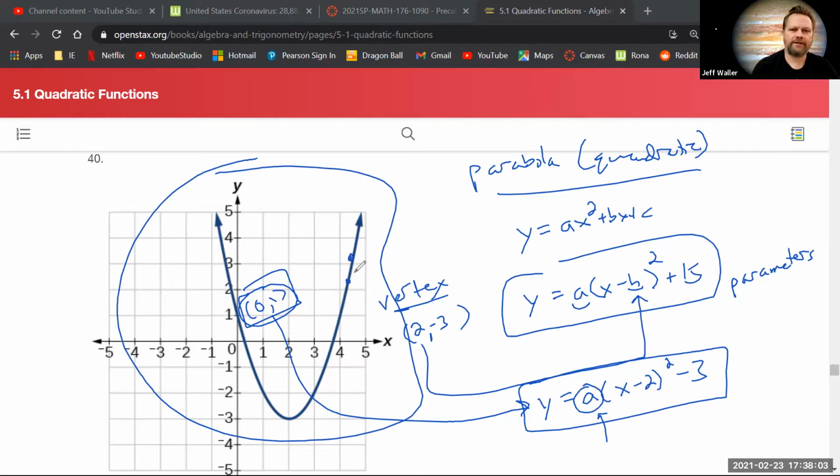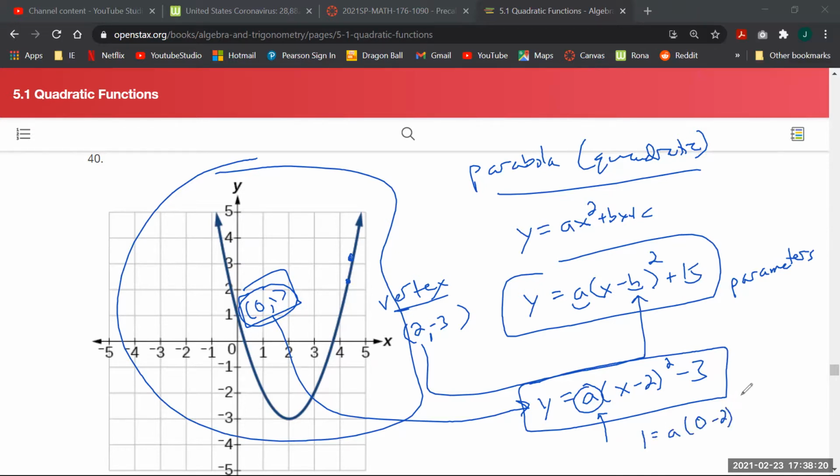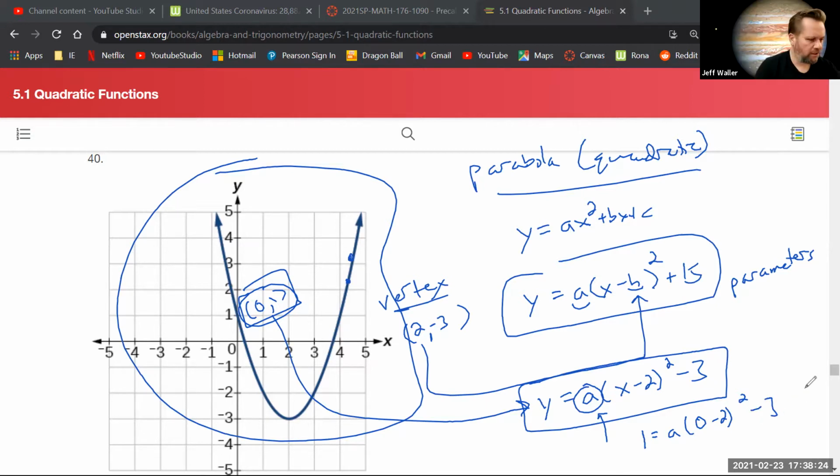Of course not, right? Whatever a is, it will stay the same. So whatever point I see, besides the vertex, because I've already used that information, right? Then I would plug in here: y is 1 when x is 0. And now look at that. That is beautiful. Can you solve that for a all day long, right?